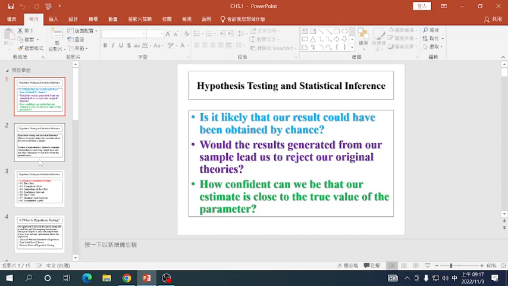Then we're going to introduce one of the inferential techniques to answer questions like this. Okay, all right, since we have followed these 4 steps, let's see.